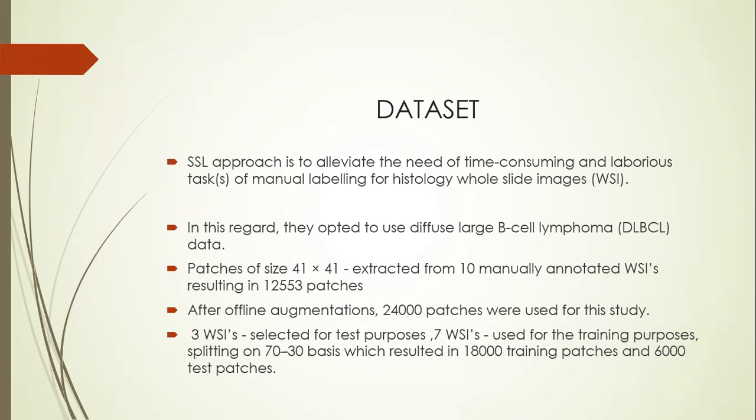So patches of 41 by 41 were extracted from 10 manually annotated WSIs, resulting in 12,553 patches, and after applying online augmentations, 24,000 patches were used for this study. 3 WSIs were selected for testing, while 7 WSIs were used for training, a 70-30 split, which resulted in 18,000 training patches and 6,000 test patches.